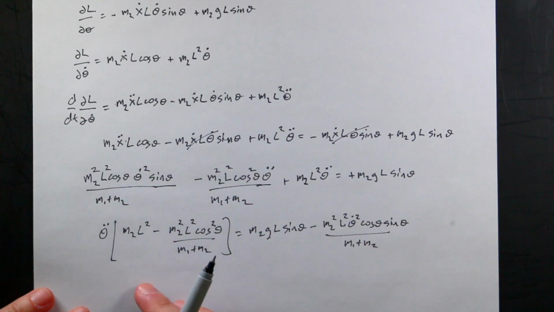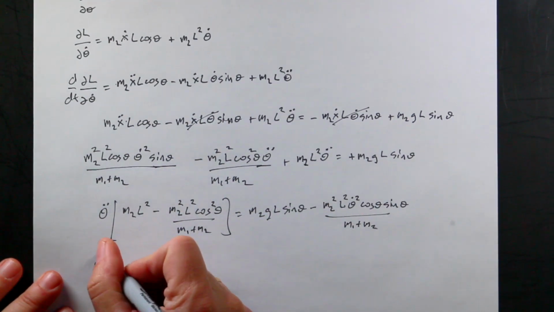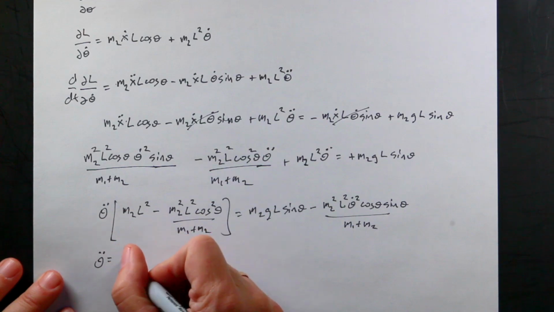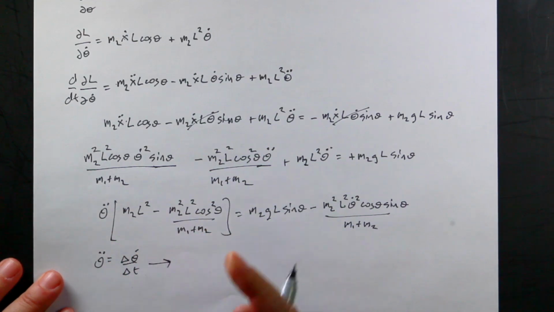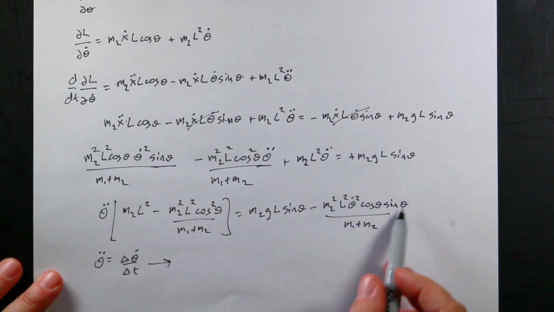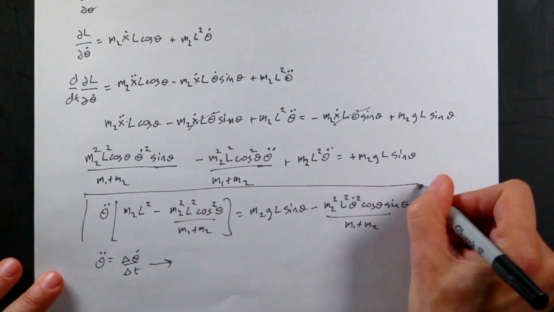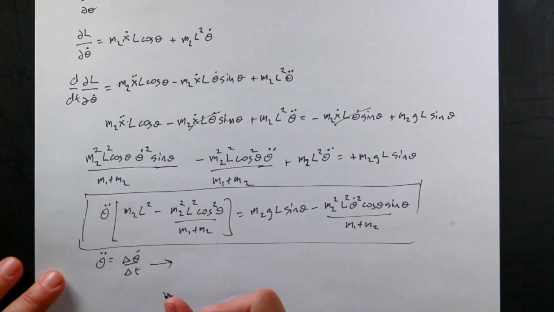So now what I can do, just like before, I can say theta double dot equals delta theta dot over delta t. So from that, I can break this into small time intervals, and I can calculate theta double dot from here. This is done. I just need to divide by this stuff. I'm going to do that in Python instead of writing it all complicated.